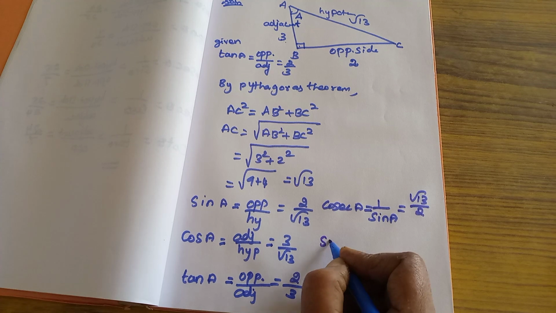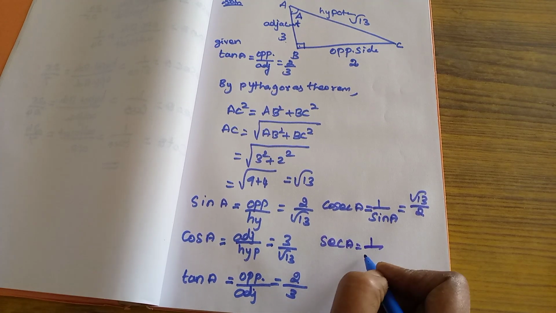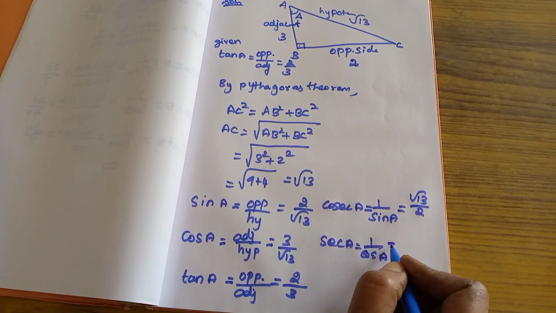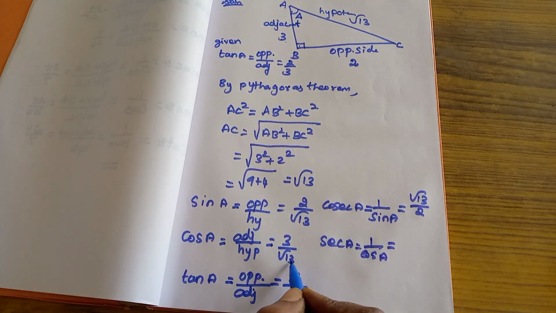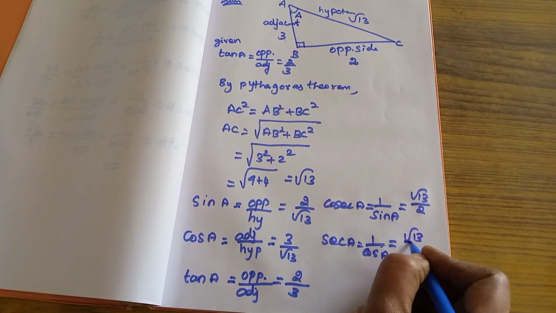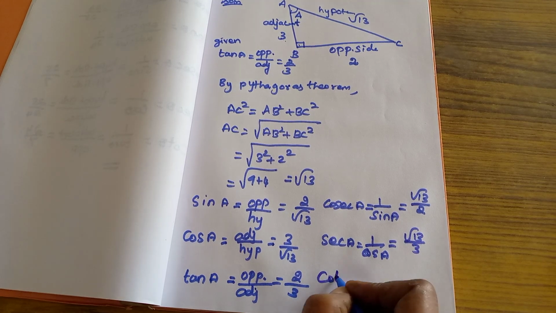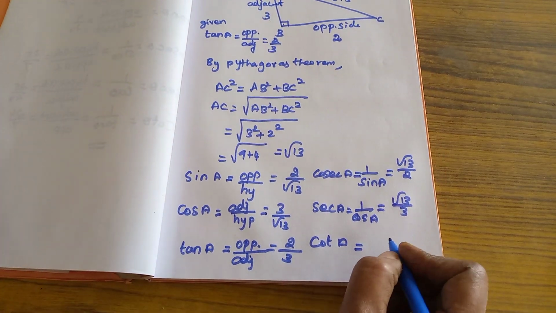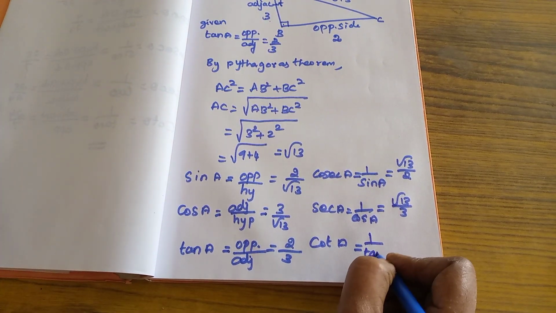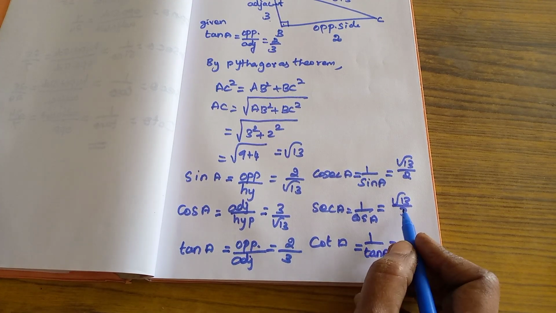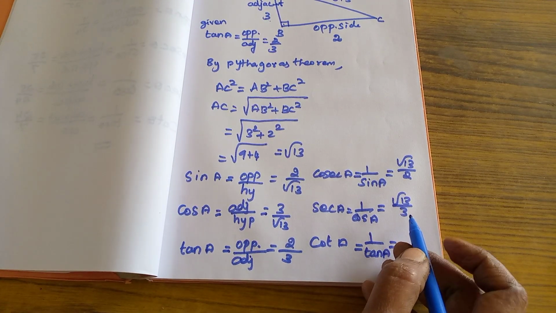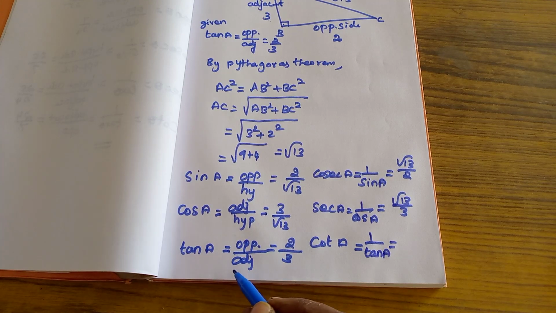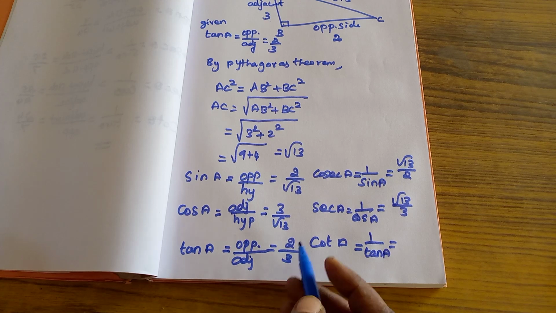Then secant A is equal to 1 by cos A, the reciprocal of cos, so root 13 by 3. Next cot A is equal to 1 by tan A, reciprocal of tan, which is 2 by 3, so cot value is 3 by 2.